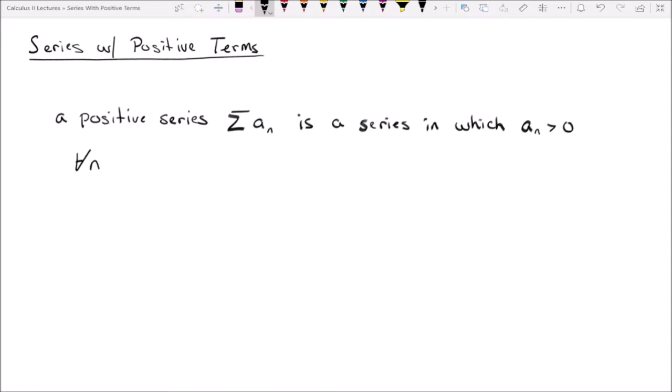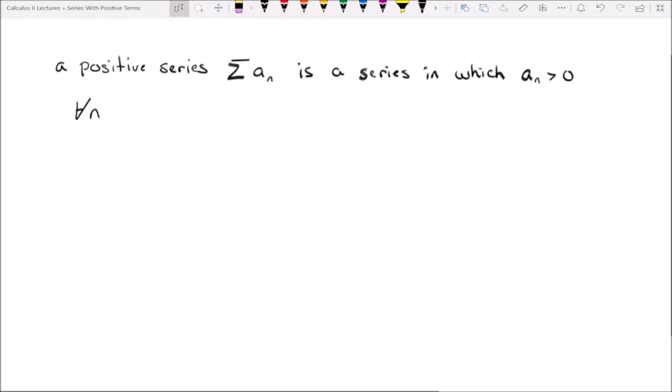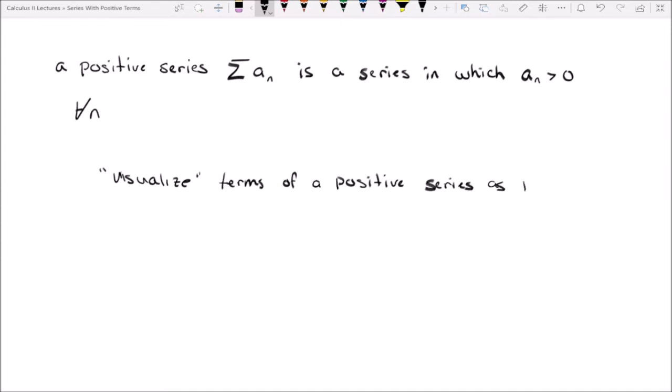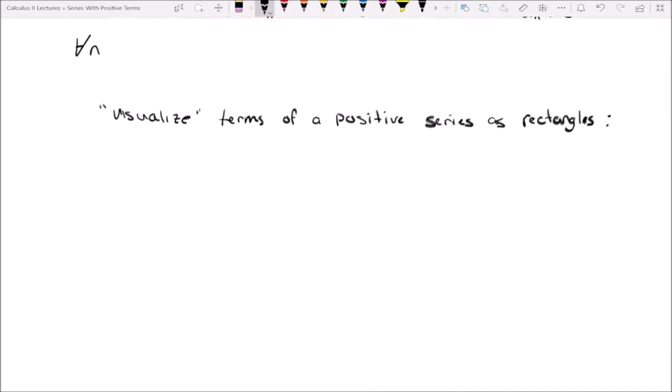Right, so what we can do is we can, quote unquote, visualize the terms of a positive series as rectangles, right, with width 1 and height a sub n, as such.